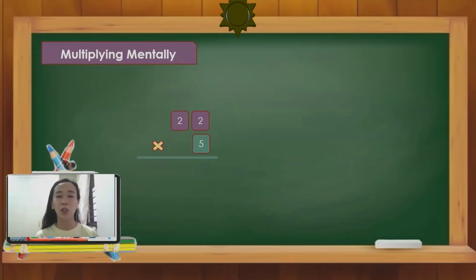Another example, 22 times 5. First, the ones. 2 times 5, 10. And then the tens, 5 times 20 is 100. Next, we will add 10 plus 100 is 110. Therefore, 22 times 5 is 110.